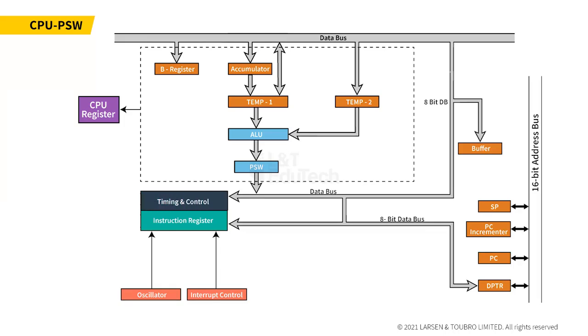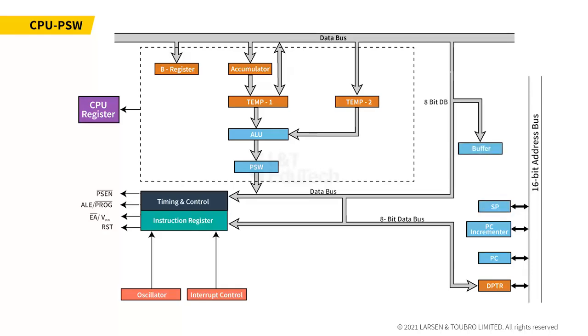Here, using the oscillator input, relevant control signals like program store enable PSEN, ALE address latch enable, external access EA and reset signal RST are generated. Finally, let us consider blocks for program memory access, namely the program counter PC, then PC incrementer, buffer and the stack pointer SP.